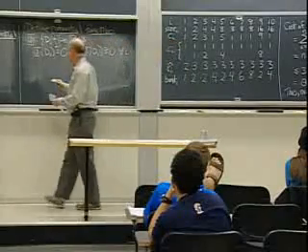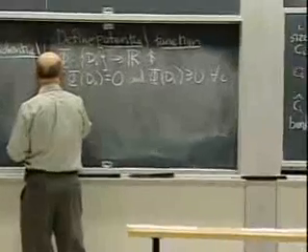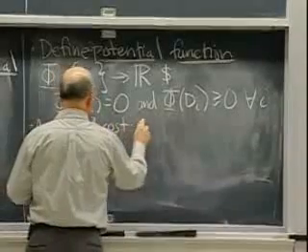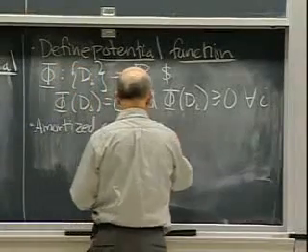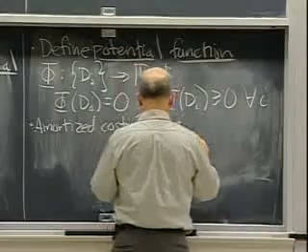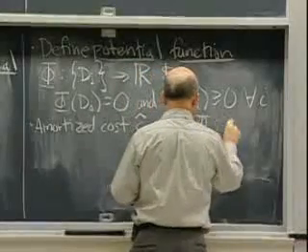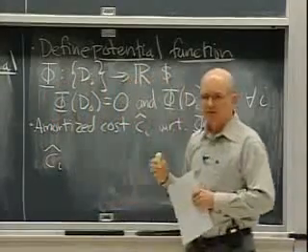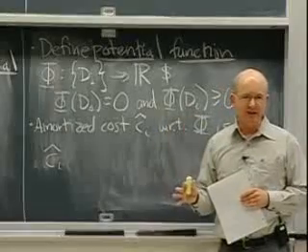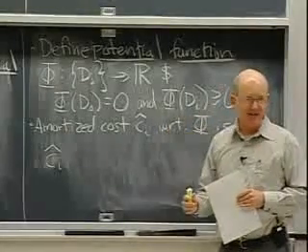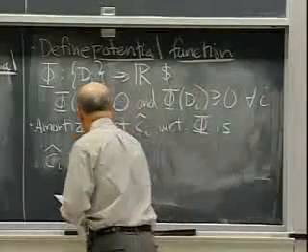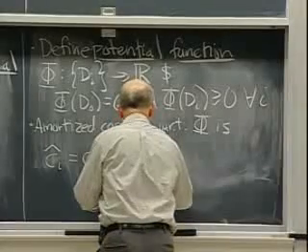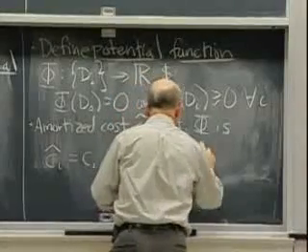Under this circumstance, we define the amortized cost c sub i hat with respect to phi as, and this is one of these formulas that if you can't remember it, definitely put it down on your crib sheet for the final: c sub i hat is equal to c sub i plus phi of D sub i minus phi of D sub i minus 1.